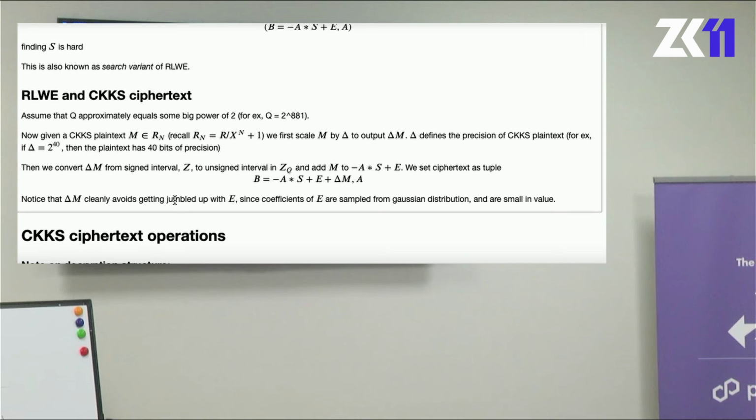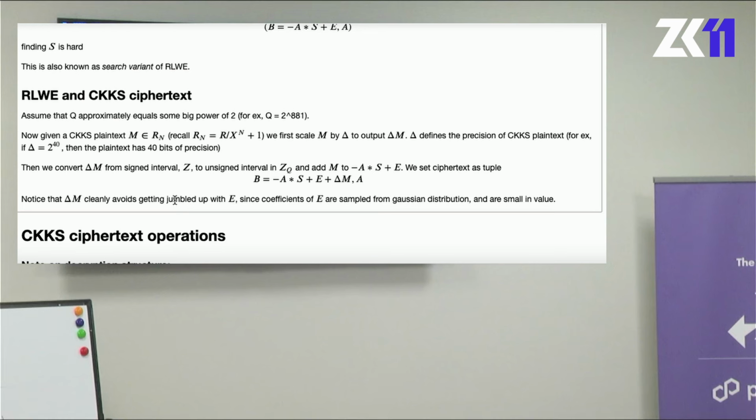Well, the way it works is that, let's say I have a message M from the ring Rn. What is Rn? Rn is the ring of polynomials with real coefficients modulo x^n plus 1.